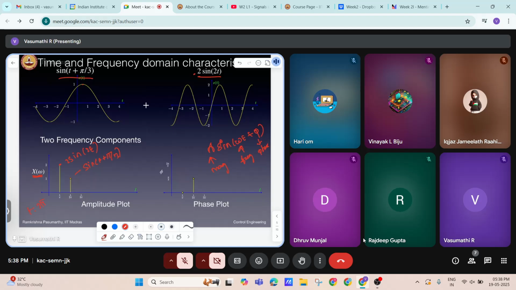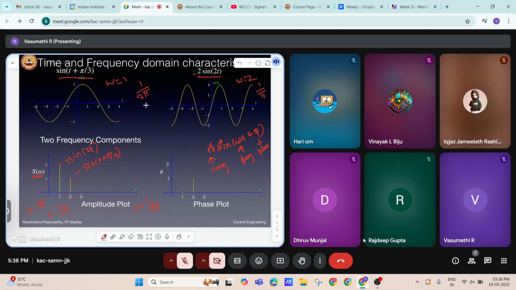When you represent, T is equal to 1 by f, right? So here omega equal to 1, here omega equal to 2. So if I want to represent this, this will be 1 by 2 pi, and this will be 1 by pi.